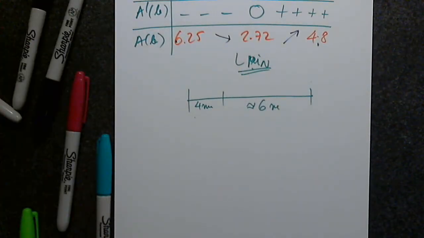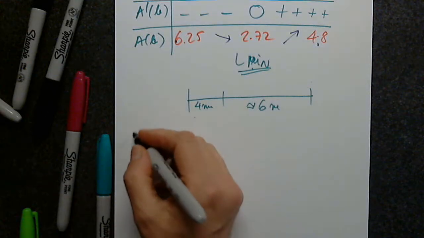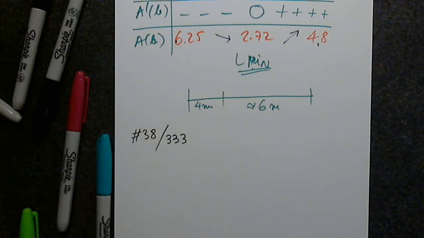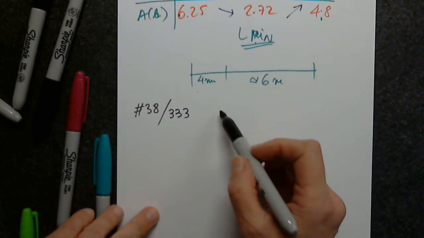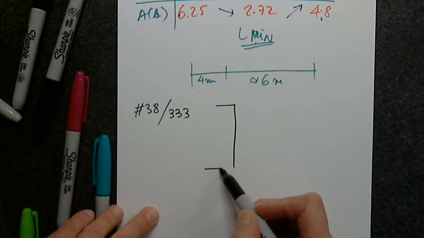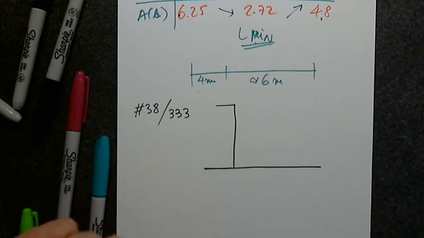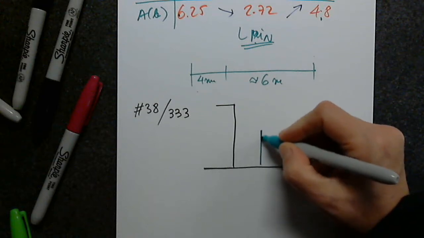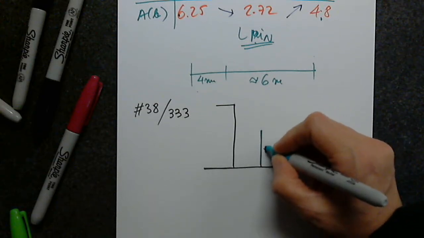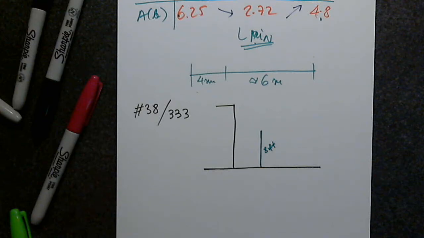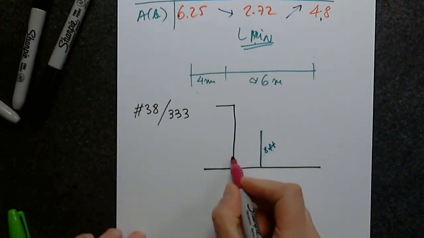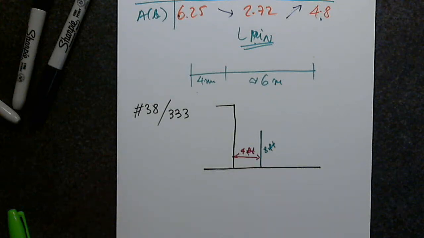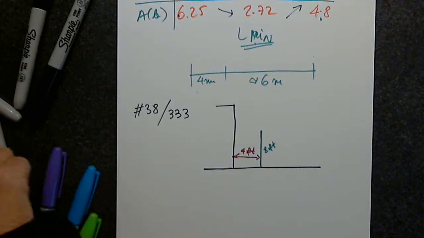Okay, here it is. Number 38 on page 333. A fence 8 feet tall. Here's the building. Here's the fence, 8 feet, and it is 4 feet away from the building.